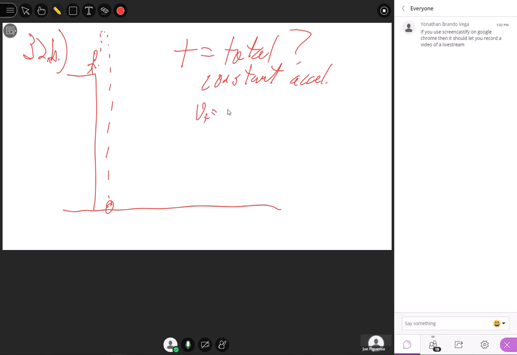The final velocity was negative 32.7 meters per second. That's negative now. And the initial velocity was 22 meters per second. So we want to know time. We know g, which is acceleration, is negative 9.8 meters per second squared. The math's going to work beautifully.